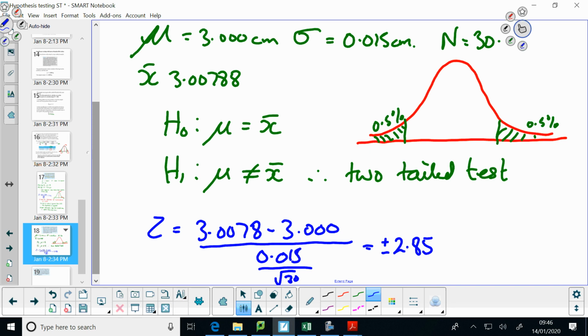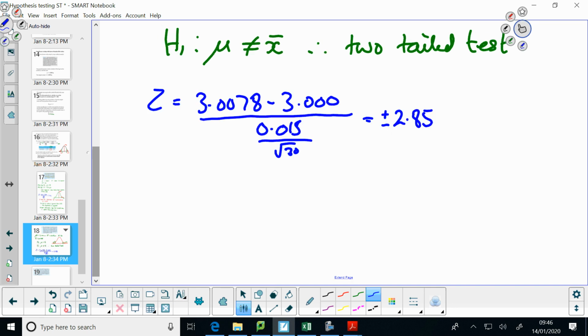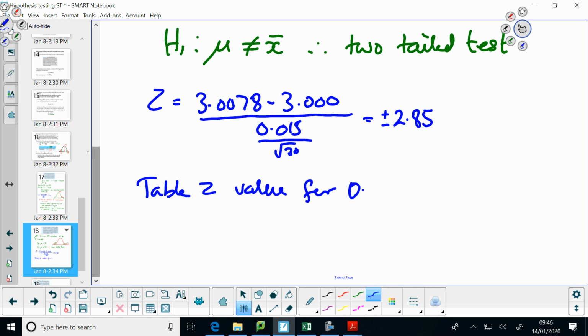Okay. And the table Z value for 0.01 two-tailed test is plus or minus 2.58. Yeah. So what do we do then?